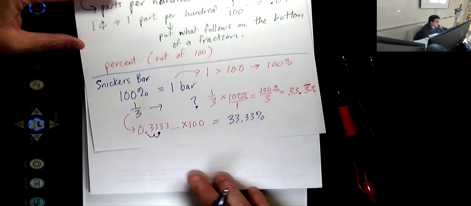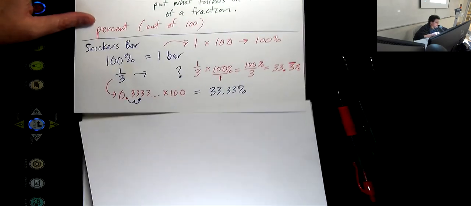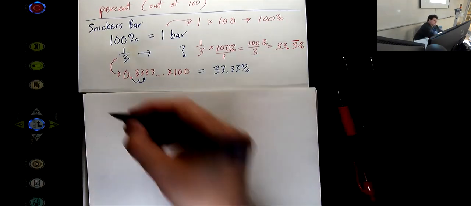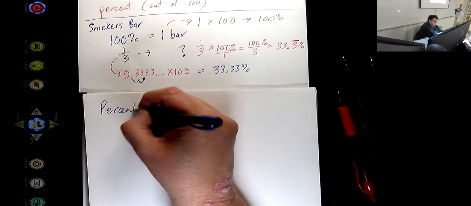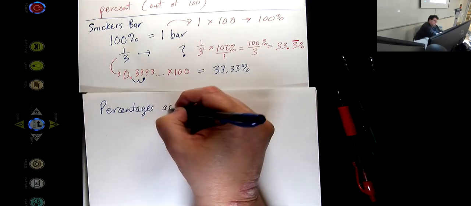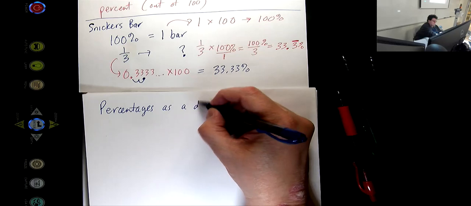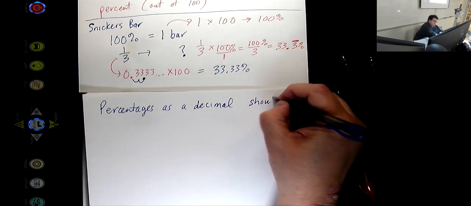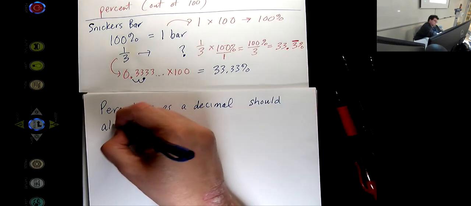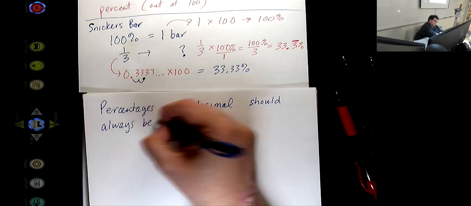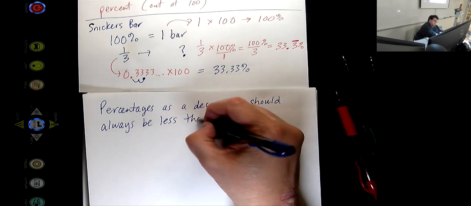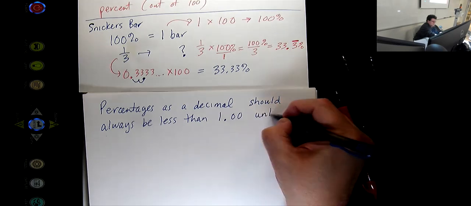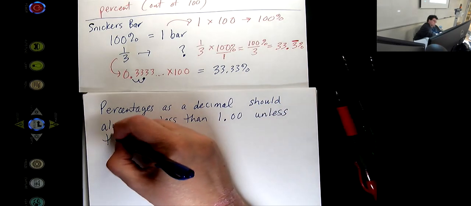In fact, if you're talking about percentages of something and you write it as a decimal, it should always be less than 1, unless the percentage is higher than 100.